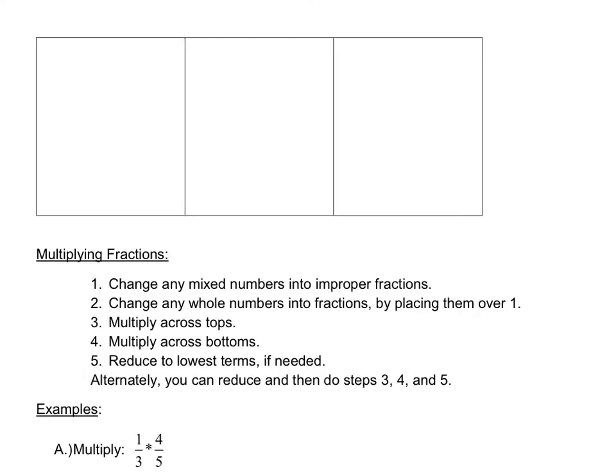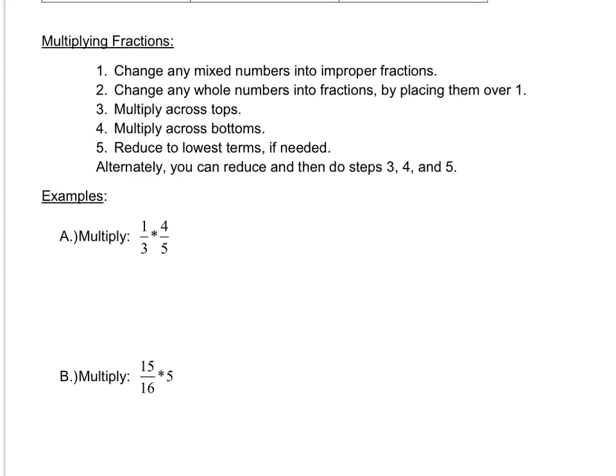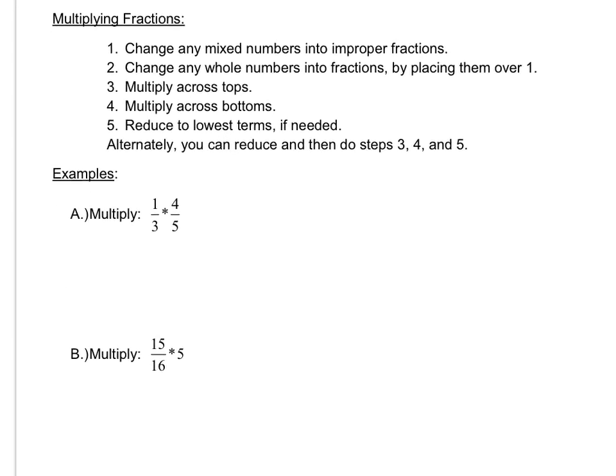Multiplying fractions. This one's even easier. It's just top times top, bottom times the bottom. You can try to simplify first, but this would just be 4/15. Done. Put it over 1. You go top times the top, bottom times the bottom.